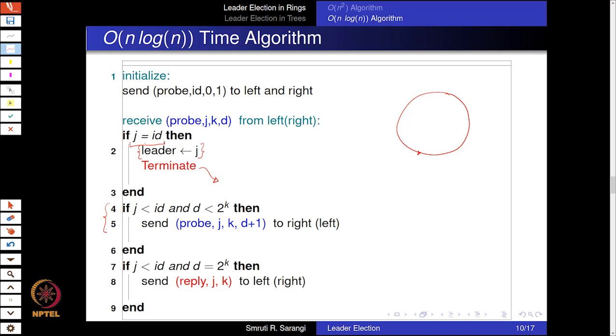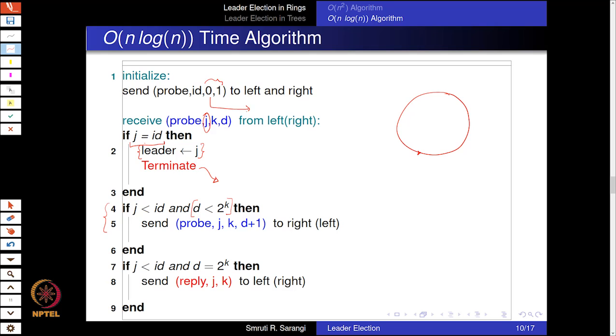Otherwise, if the message that I get is probe, j, k, d, with j less than id, and furthermore d less than 2 raised to the power k. We are now in a position to define these 2 fields.